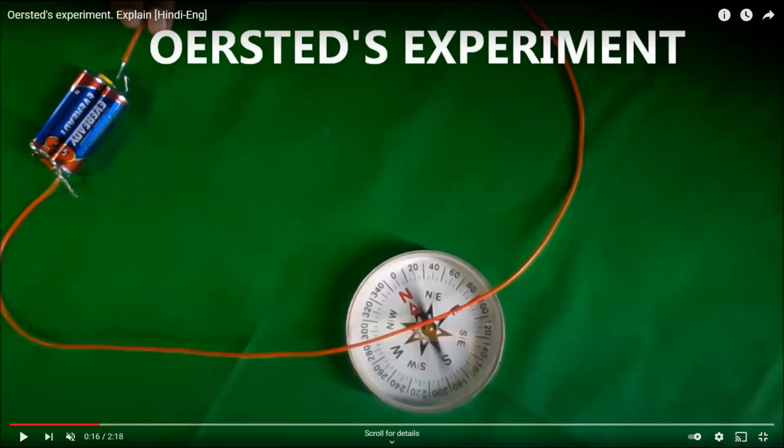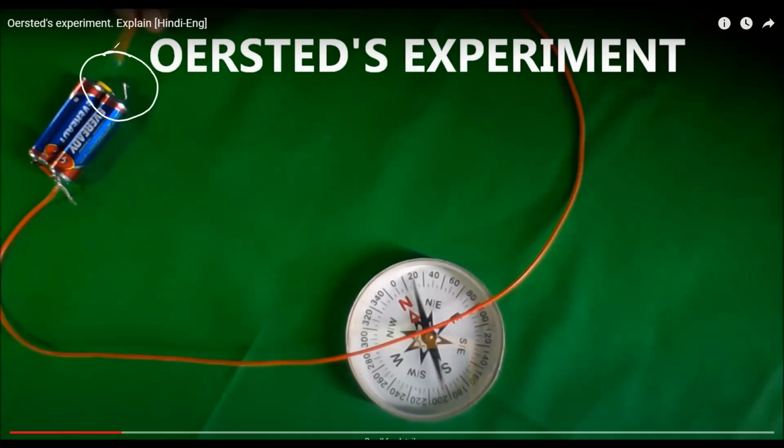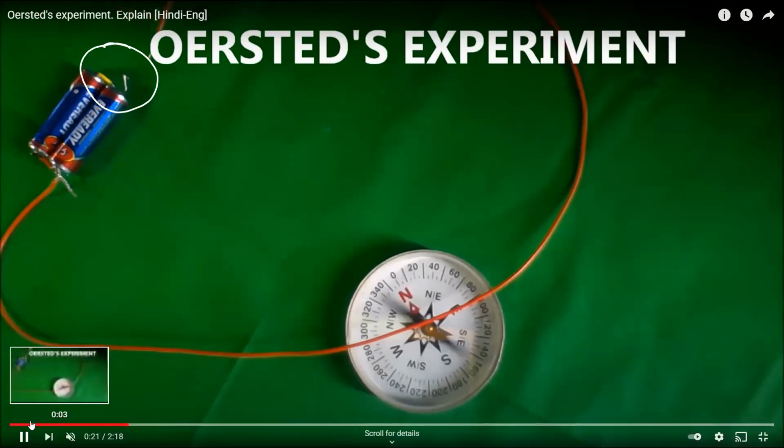So what happens over here is this compass needle that you see is pointing in the north-south direction. And I want you to pay attention to this particular part of this video, where the person over there is touching the other end of the wire to one of the ends over here.